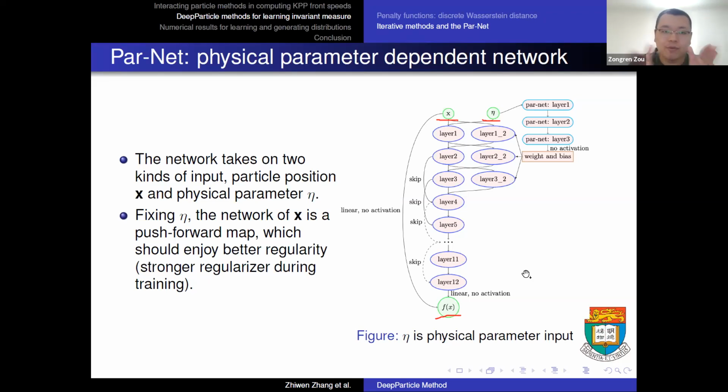If you're learning fields to fields, maybe some convolutional techniques will help a lot. And basically you're learning a conditional mapping, conditional on eta, the parameter, right? Yeah. Okay, I just want to make sure. Thank you. Thanks for the suggestion. I will consider that.